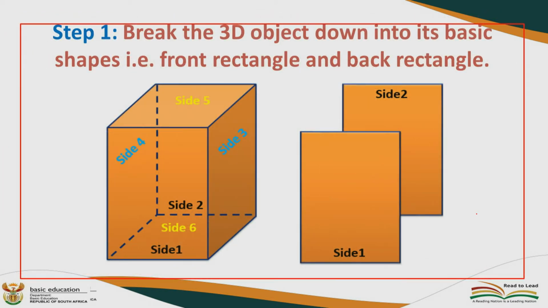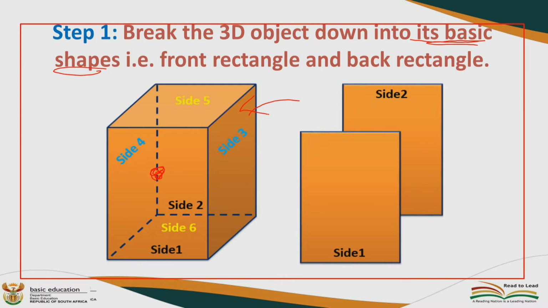Let's look again at applying the operational method. Step number one, we said we break down the object into its basic shapes. The first shapes that are there are the rectangles. The rectangle is on the front, and the other rectangle is at the back. So these rectangles will be side number one and side number two.